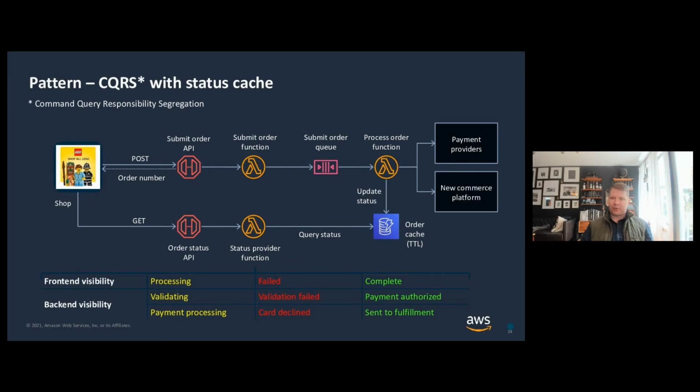And then another question from V here is, can't we send the request directly from the API Gateway to the queue instead of the submit order function in between? You can, and Ramesh, you're the solutions architect on the call, so keep me honest. You would be able to directly submit it to a queue. That said, you wouldn't have any of the logic between the API Gateway and the queue.